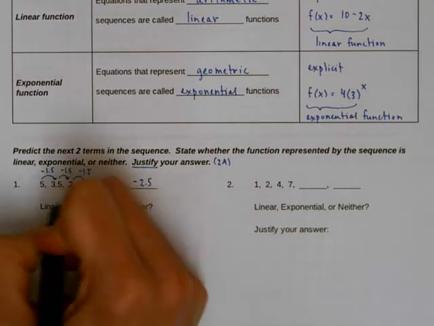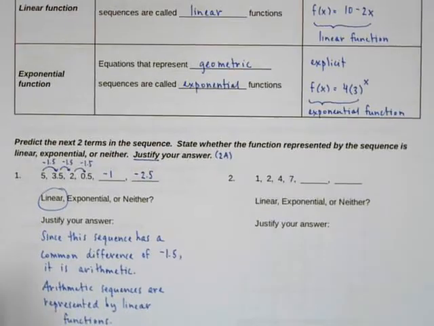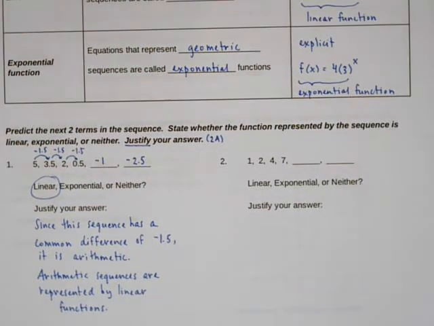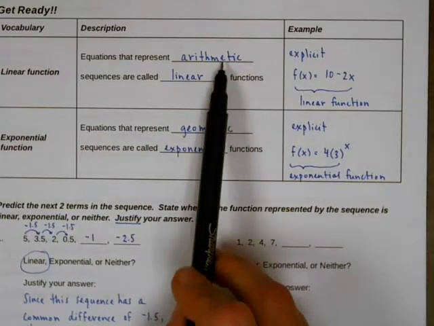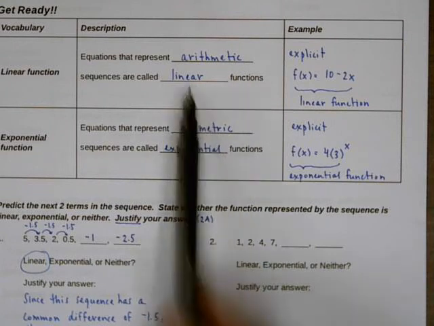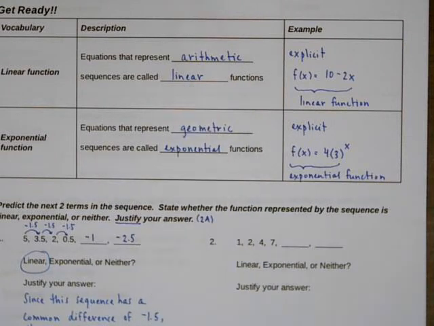So my answer here would be linear. Let me move that up so you can actually see what I wrote. So the idea is we identified a common difference, so we knew the sequence is arithmetic, and then we say arithmetic sequences are represented by linear functions. And again, that came right from our definition up here. We're connecting arithmetic sequences to linear functions.